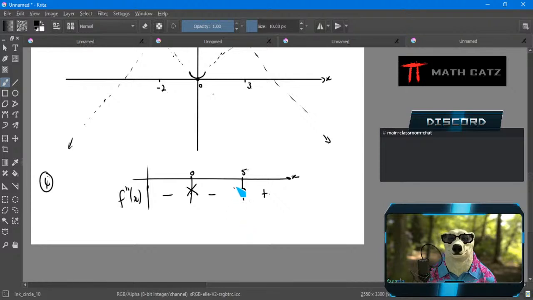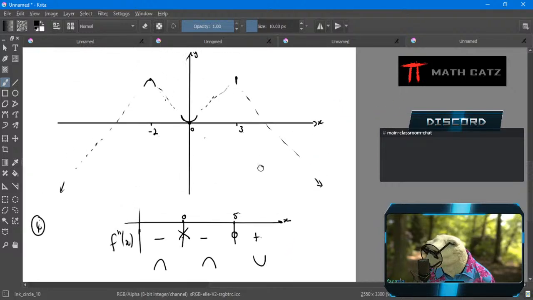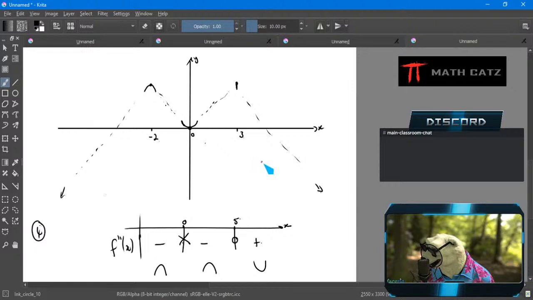Interesting. Okay. So I'm bending down, bending down, bending up. Ooh, that does not look very right, does it? I wonder if there's a typo in this guy. That does not fit with what I have, does it? No, it does not.